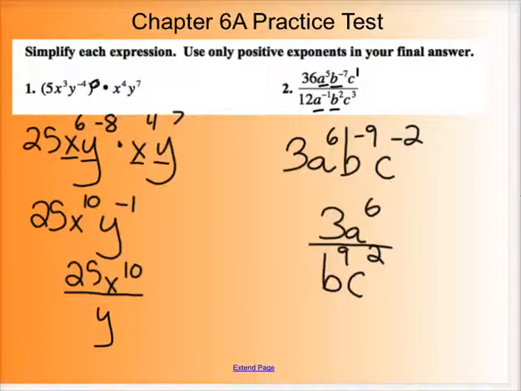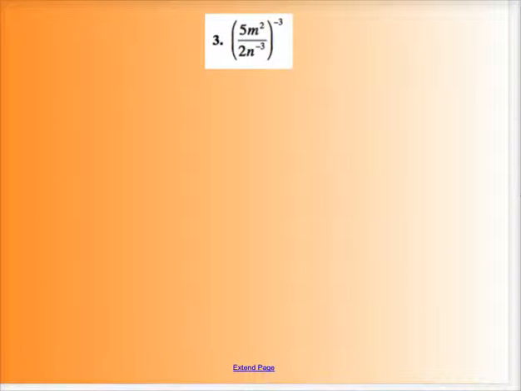So moving right along. Now this one, that power rule. So here we have an entire parenthesis taken to an exponent. Well, the same thing holds true here. That negative 3 exponent is going to influence everything in the parenthesis. So we're going to end up with a 5 to the negative 3 power, m squared to the negative 3.